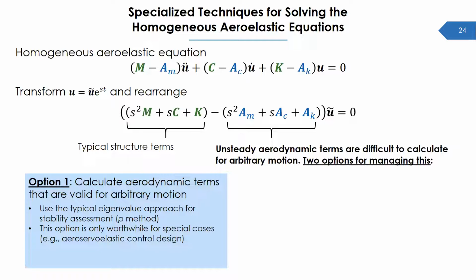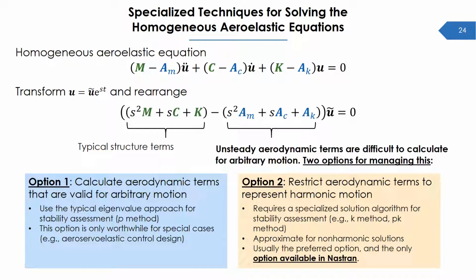But it turns out that there's another option that is preferred most of the time. And that option is we restrict the aerodynamic terms to only represent harmonic motion. And that's something that requires specialized algorithms. We can't use the typical eigenvalue solution algorithm. We still want to find approximate eigenvalues, but we use specialized algorithms for doing that.